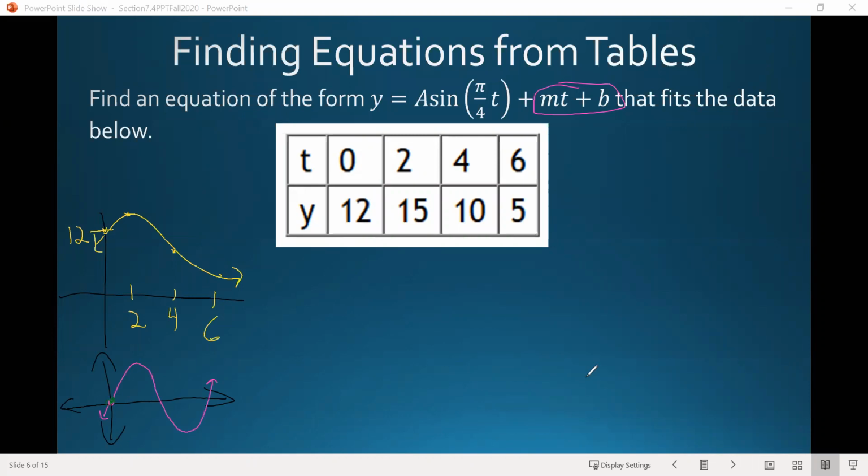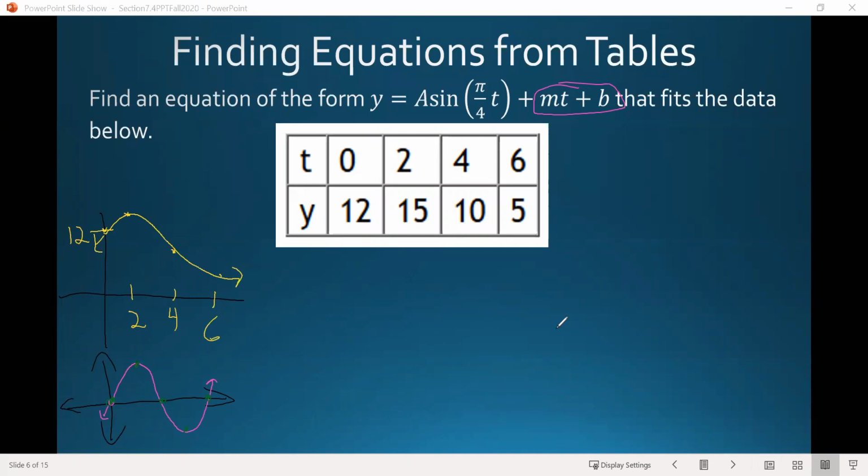So there's one at the origin, one up above, one back on the midline, one at a valley there, and another last back at the midline. And I want to equate these points to the points that are given in the table, the ones from up above.